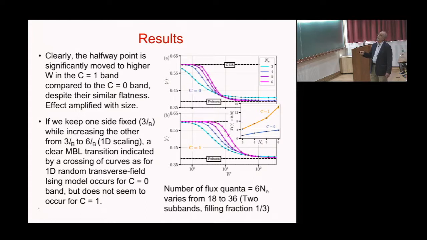On the other hand, for the 0 Chern band, the midpoint seems to be saturating, which is consistent with getting a crossing point. So this would suggest that as far as the 1-dimensional problem is concerned, you get MBL if the band is not topological.